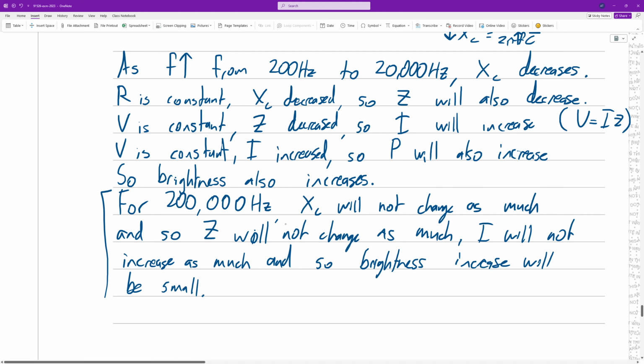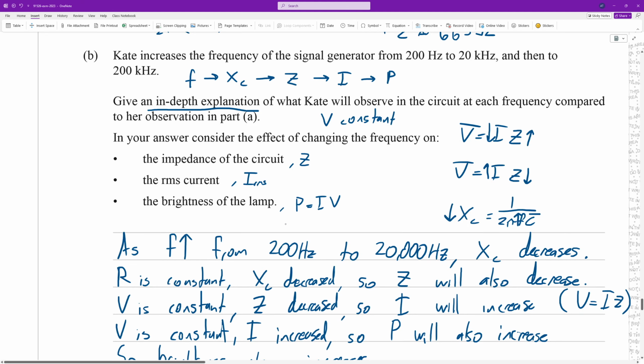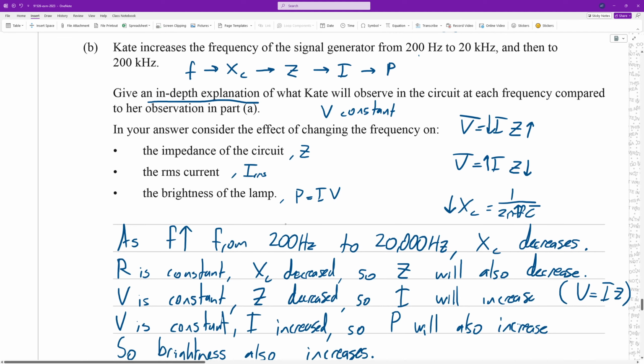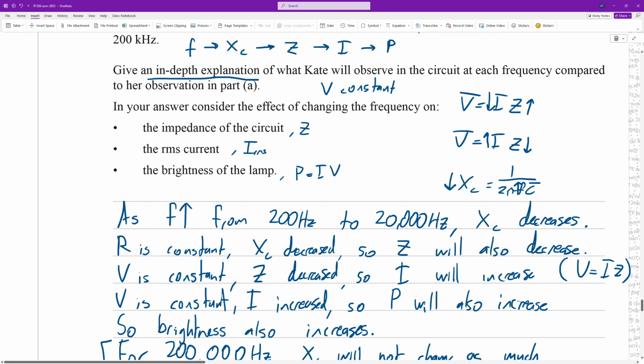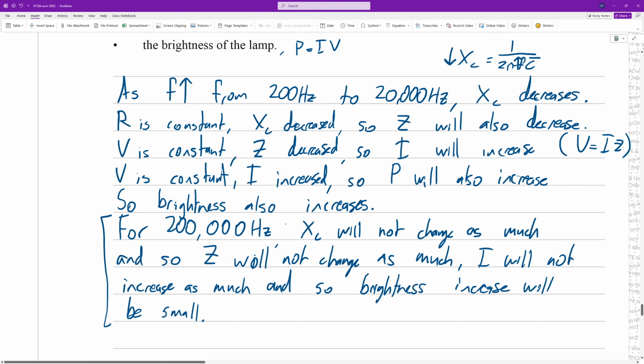Cool. And you do need that second part for excellence, because it does ask an in-depth explanation as she went from 200 hertz to 20,000 and then to 200,000. And so that's actually where, if you calculated it, you would see that smaller change more obviously.